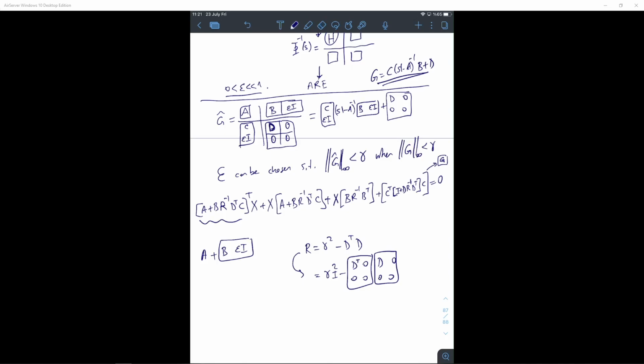Gamma square minus D transpose D, and we could have written just gamma square minus D transpose D 0 0. So this is R.